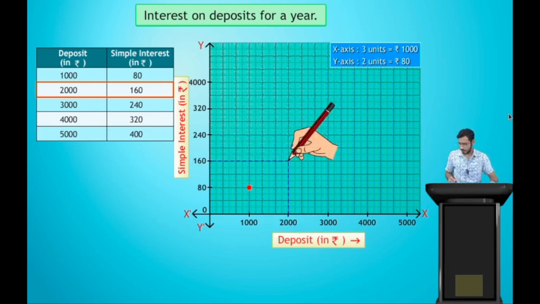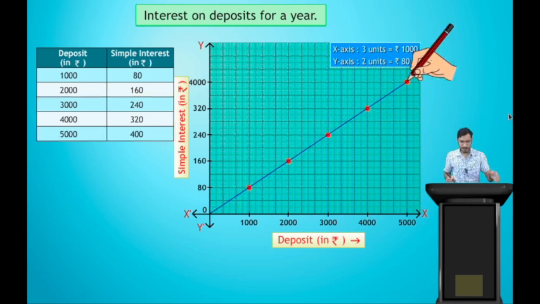Now the third one, (3000, 240). Now (4000, 320), and the next one, (5000, 400). So you can see all 5 points here. Now join all the points and you can see it's a linear graph, a straight line.